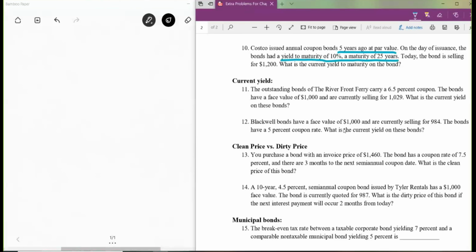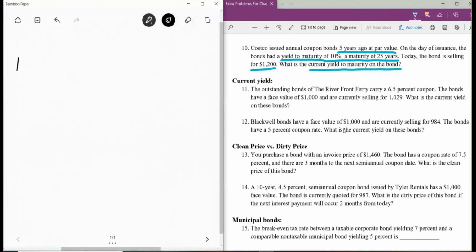Today, the bond is selling for $1,200. I need to find the current yield to maturity on the bond. For this type of problem, I definitely need to draw the timeline because it is more complicated than the ones that we have seen so far.